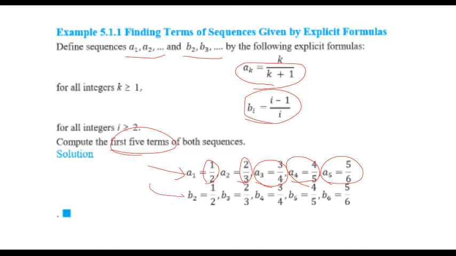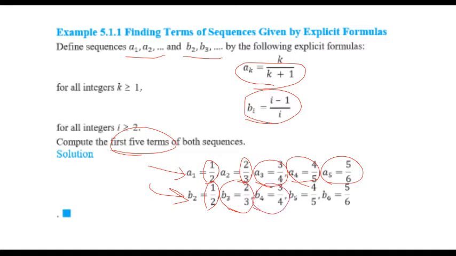For the second sequence, we should start at B2. So B2 is i minus 1 over i, and i in this case is 2, so we have 2 minus 1 over 2, which is again 1 over 2. Then B3 is the next term of this sequence. So B3 is equal to 3 minus 1 over 3, which is 2 over 3.